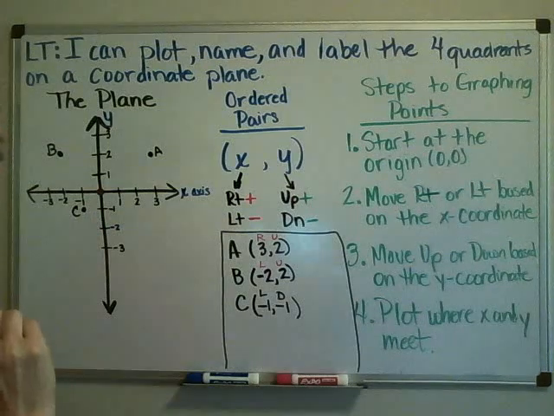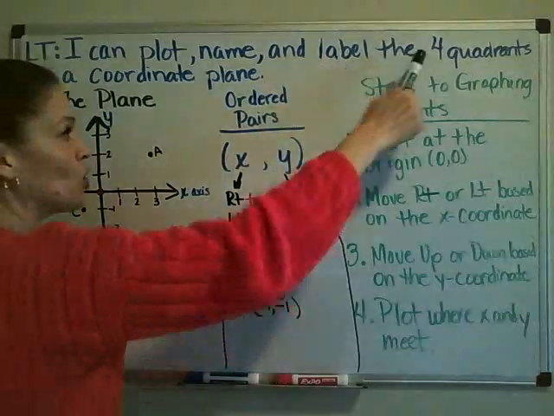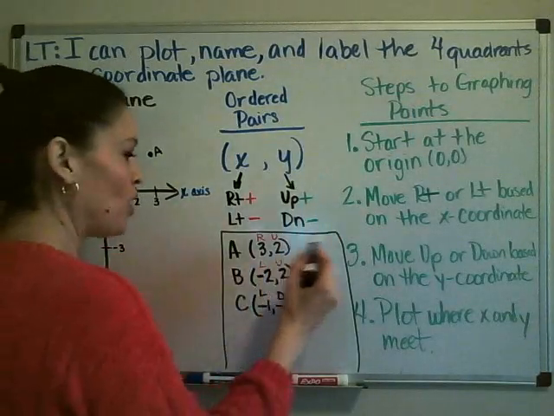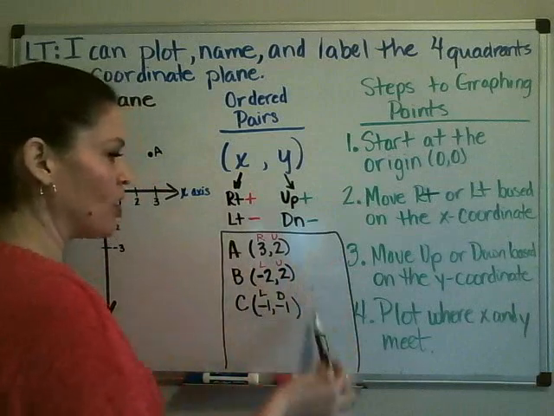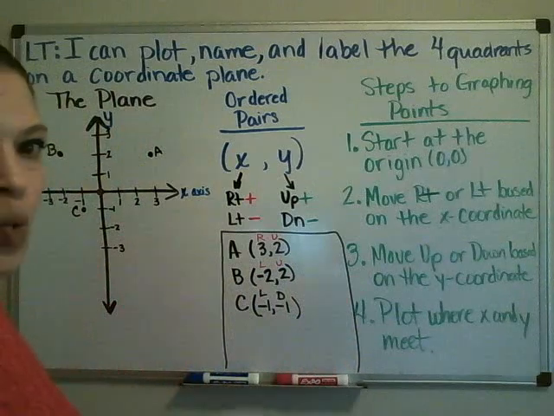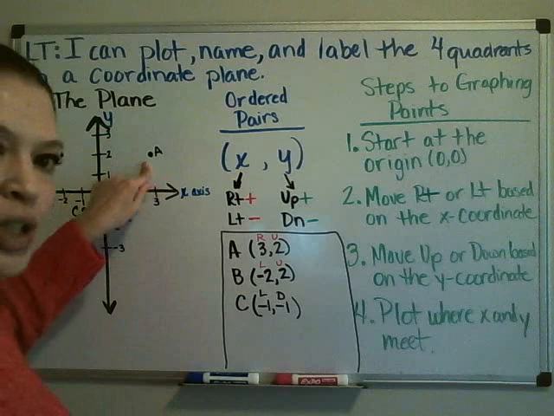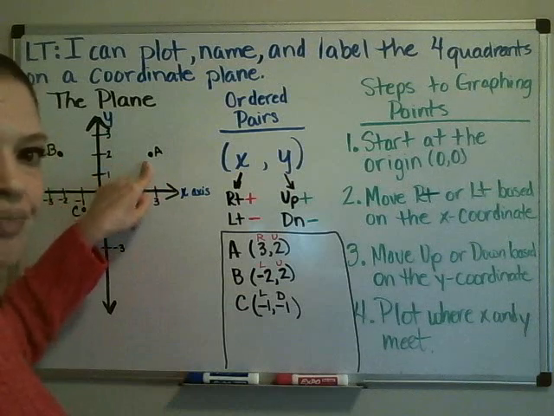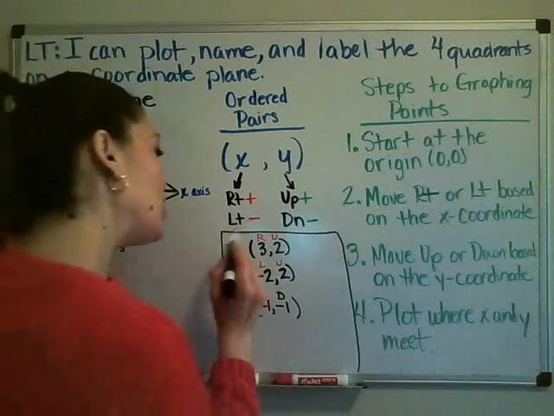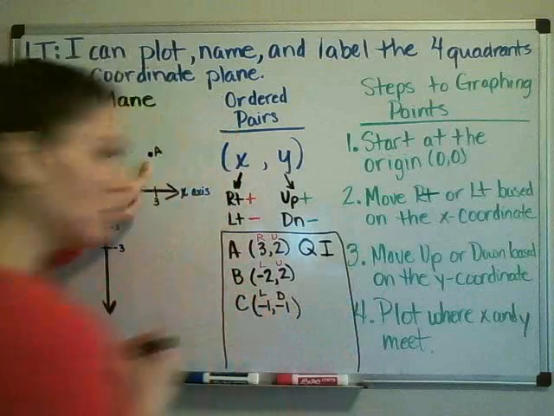All right. Now, one thing that we haven't discussed is labeling the quadrants. So if I want to add here to our list what quadrant each of these points fell on, what would you say? So look at point A. What quadrant did point A fall in? Refer to your notes if you have to. A is going to be quadrant 1.